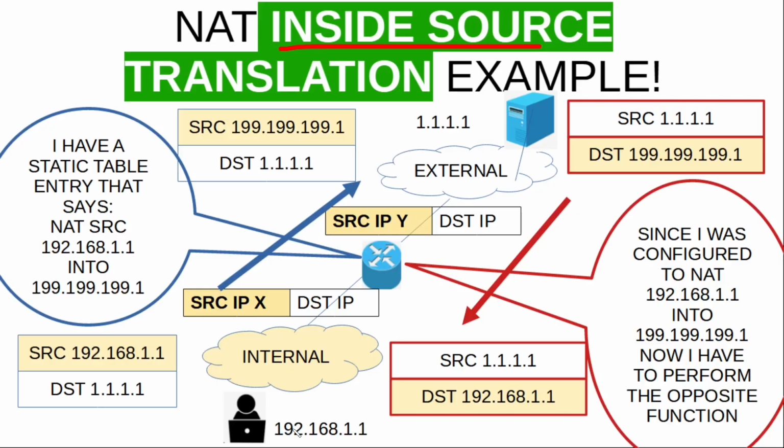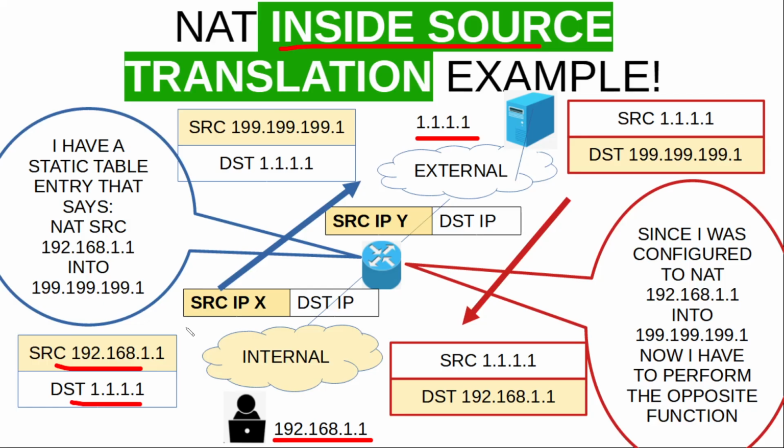In this case, we have this user that has this IP address 192.168.1.1, and this user wants to reach this server that has this IP address 1.1.1.1. A packet will be built with this source IP address and this destination IP address.